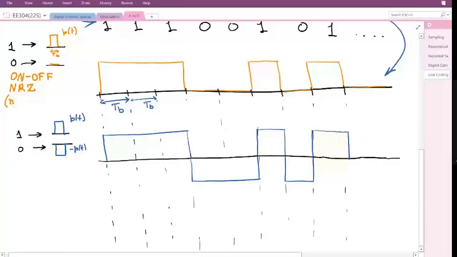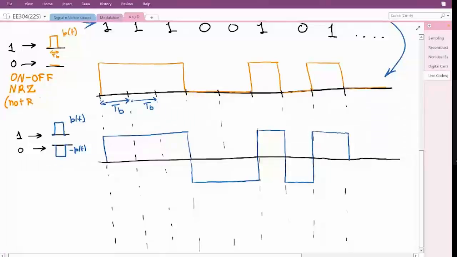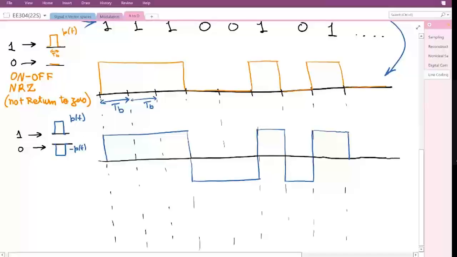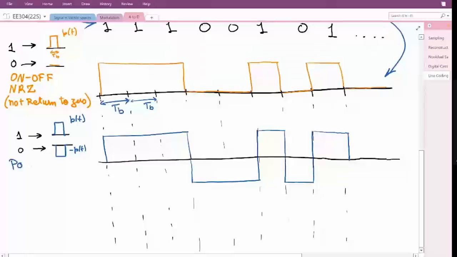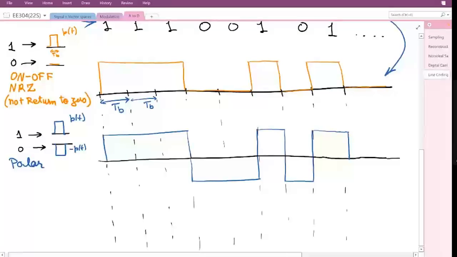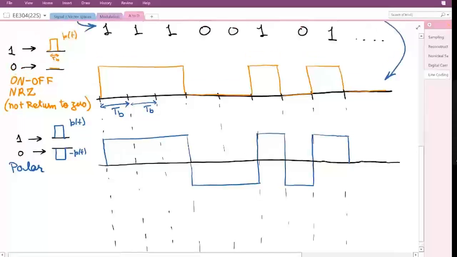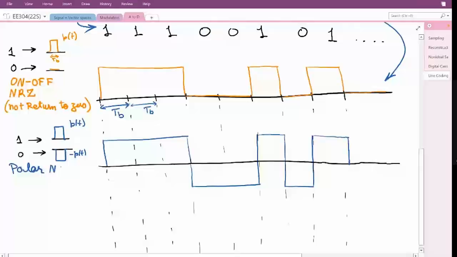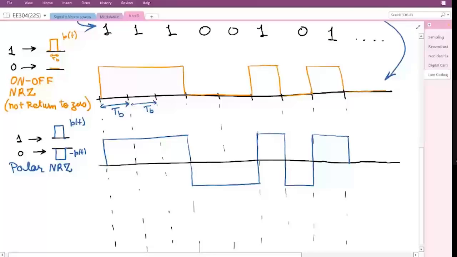NRZ stands for not return to zero. And this is called polar. The next one that we have studied is called polar NRZ, polar non-return to zero.